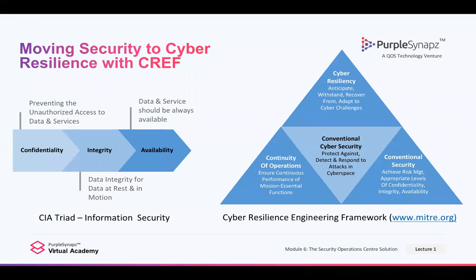Then there is a top triangle. Despite having put up all the security controls that are sufficing the need of the CIA triad, as well as the need of continuity of operations, there is definitely a situation where resilience might be required, which means the attack will penetrate.